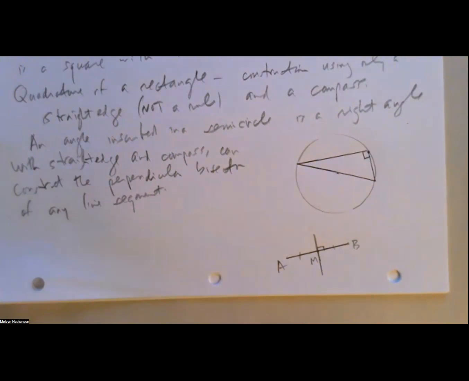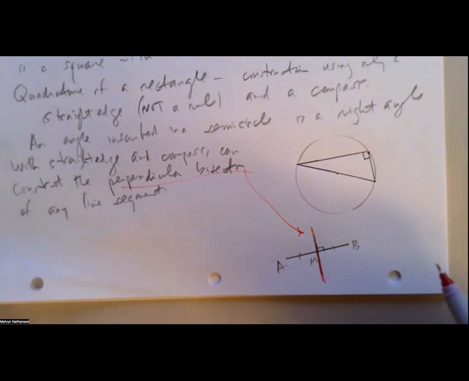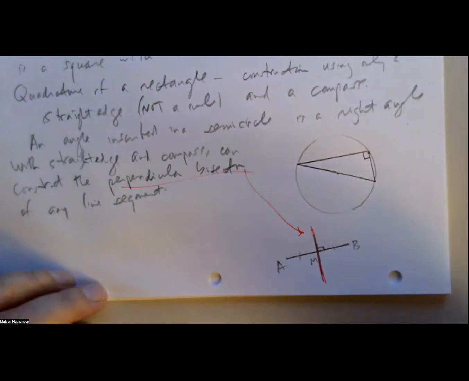So this red line, that's the perpendicular bisector of A and B. And how do we know we can do that in Greek geometry? Well, let me describe a construction right now. Without doing anything special, I will just draw an arbitrary line segment.